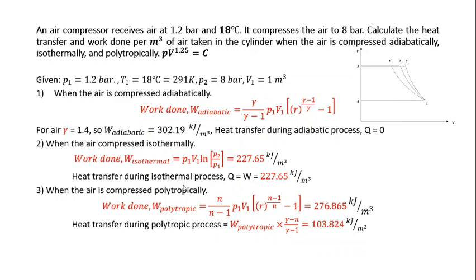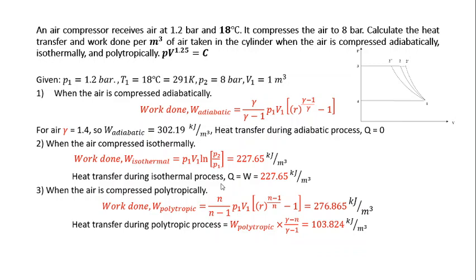Now heat transfer for an isothermal process. See, in an isothermal process the temperature remains constant. So according to the first law of thermodynamics, dQ is equal to dU plus dW, and dU is the change in internal energy. Change in internal energy is a function of temperature, and the temperature is constant, so there is no change in temperature.